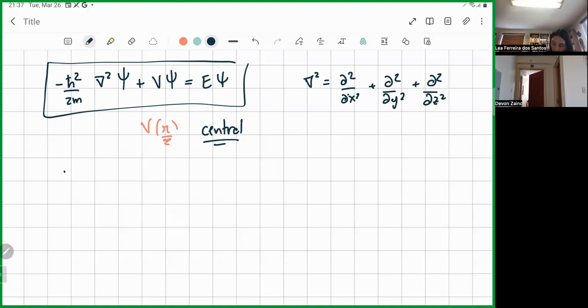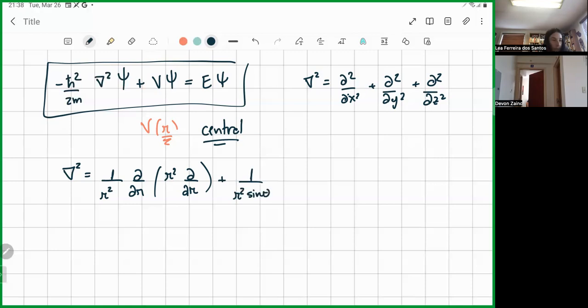But the Laplacian now in spherical coordinates is a long thing. 1/r², d/dr of r² d/dr. So this is the part that depends on r. Then comes the part on theta: 1/r² sine of theta, d/dθ of sine of theta d/dθ.